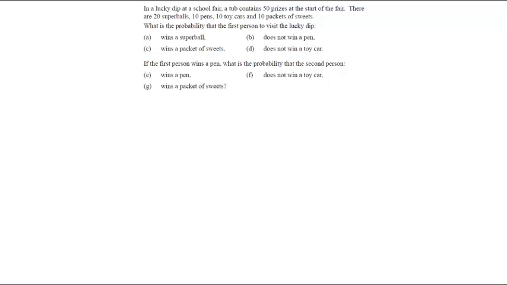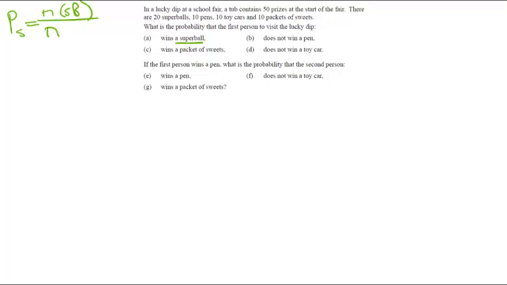So let's figure this out. We said the probability of getting a Super Ball is going to be equal to the number of possible options for the Super Ball, let's say SB, over the number of total options.